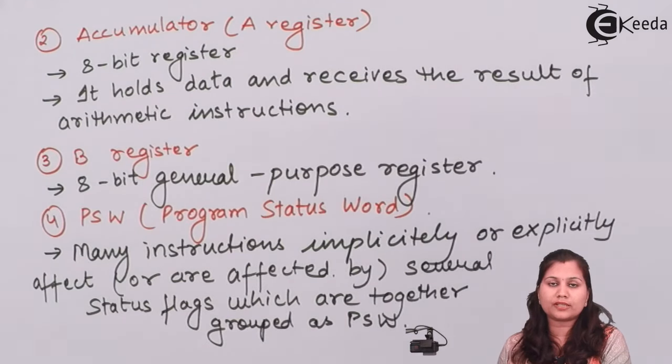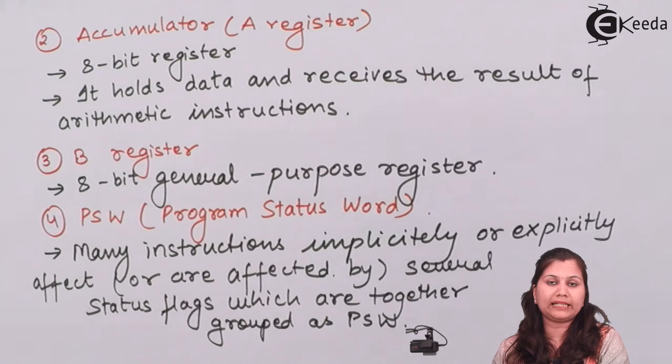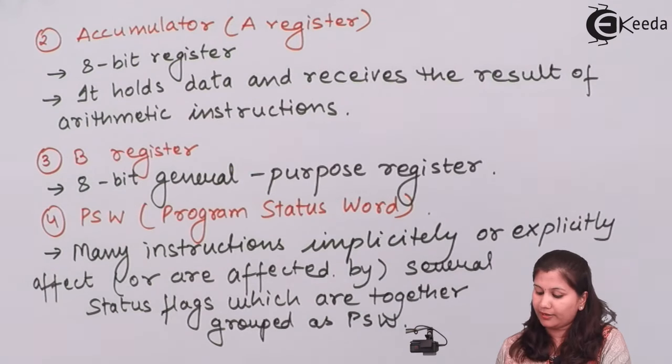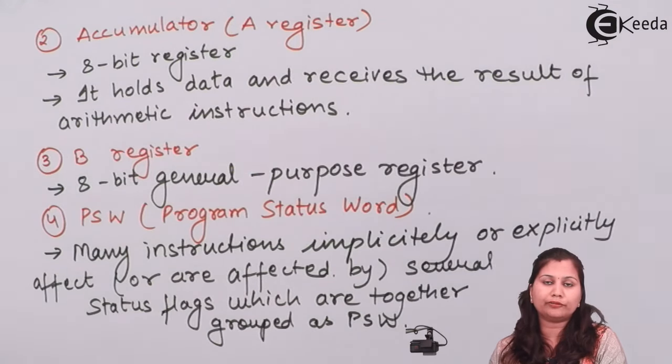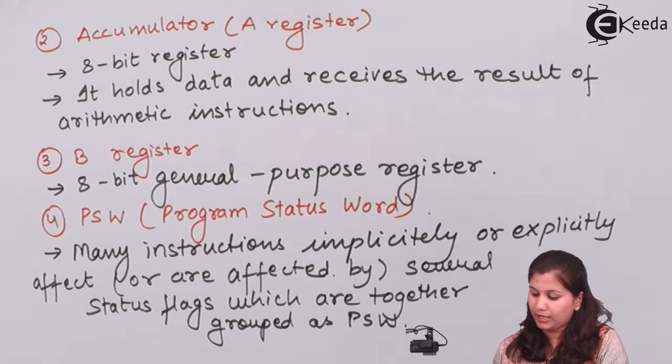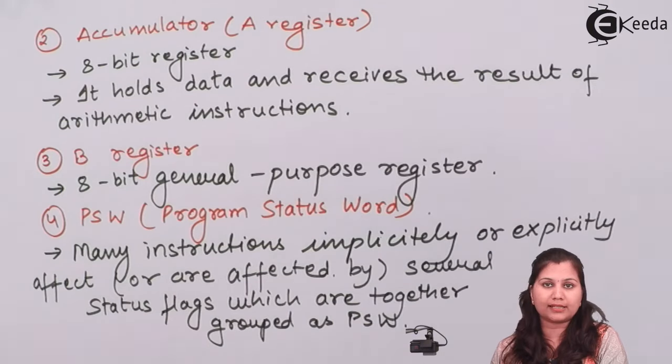So the instructions which implicitly or explicitly affect the bits together form the program status word, and they are affected by the status flags.